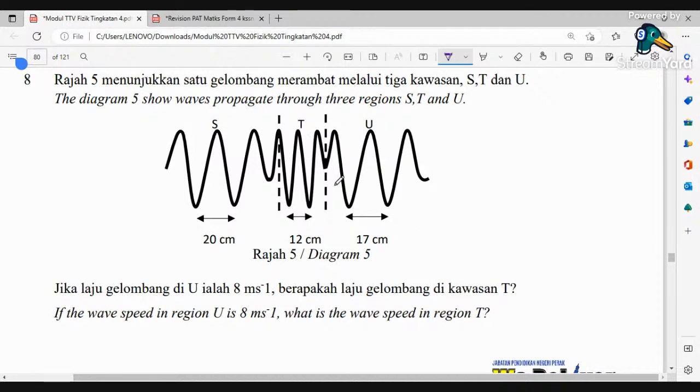Okay, number 8. Diagram 5 shows wave propagating through 3 regions S, T, U. If the wave speed in region U is 8, what is the wave speed in region T?